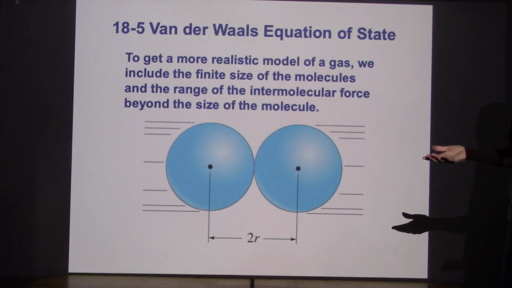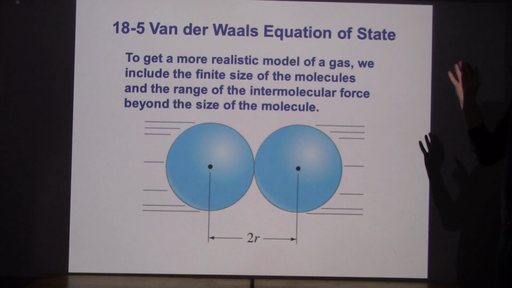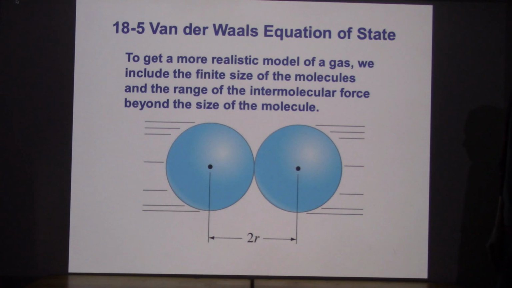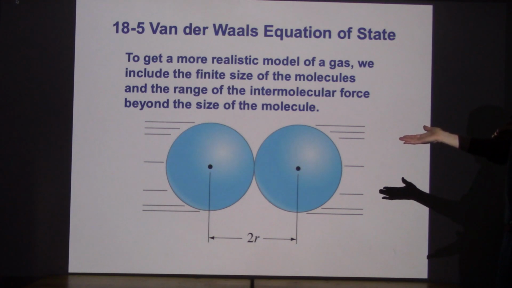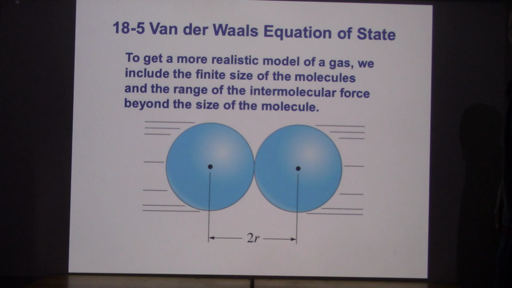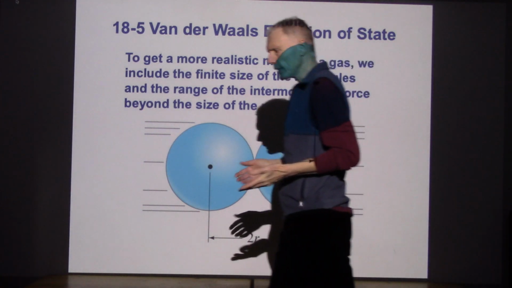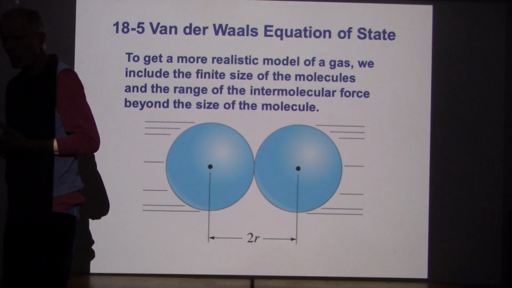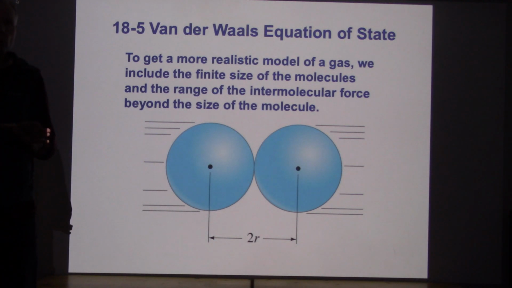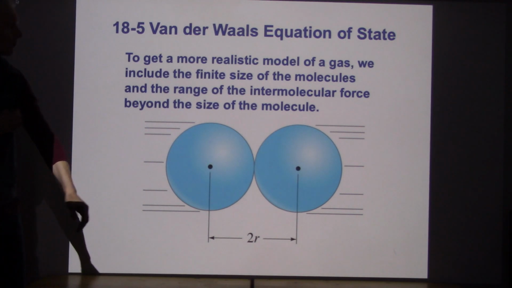The argument behind it is that the molecules are so small, compared to the space available to them, that their size is negligible. But that's not a completely good approximation, especially at higher densities or higher pressures. At some point, the volume that the gas molecules themselves take up starts to become significant.